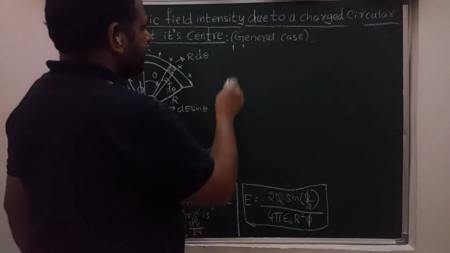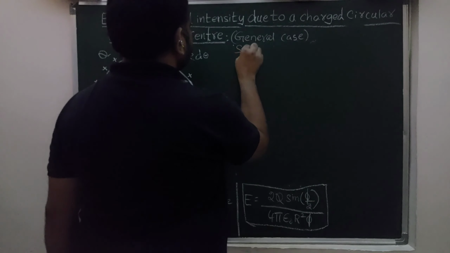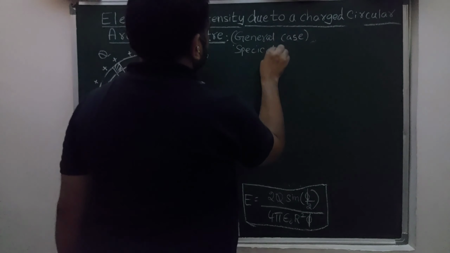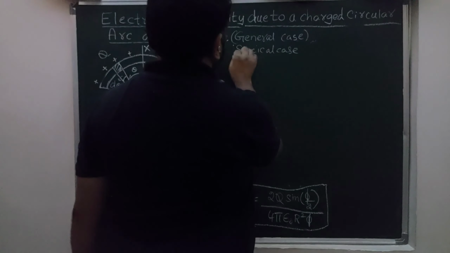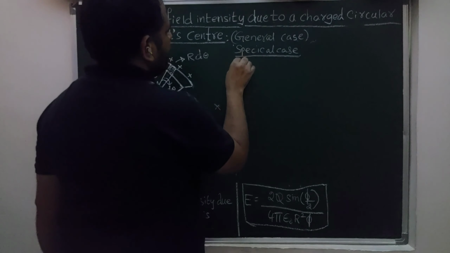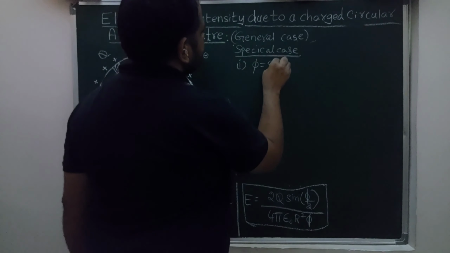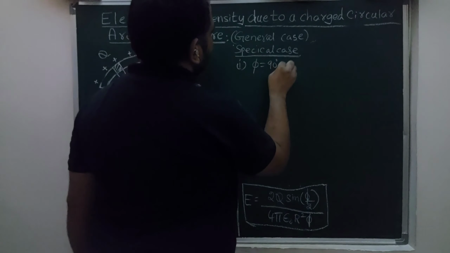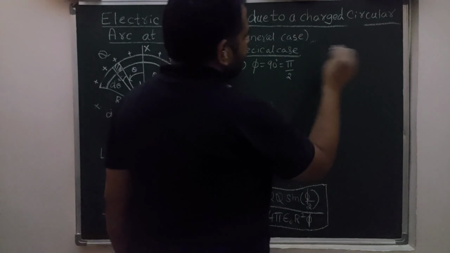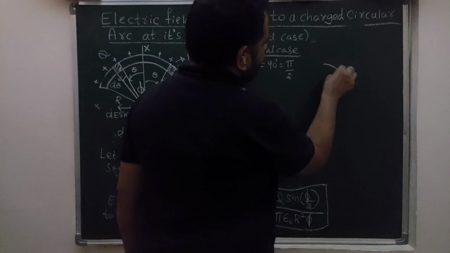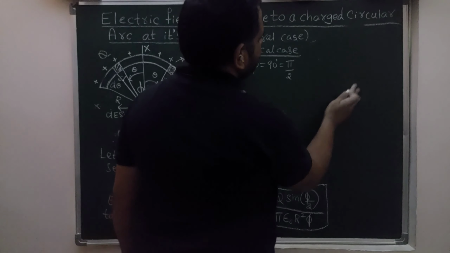Now we see special cases. Case 1, if phi is equal to 90 degrees, or phi is equal to π/2. Just imagine the diagram.